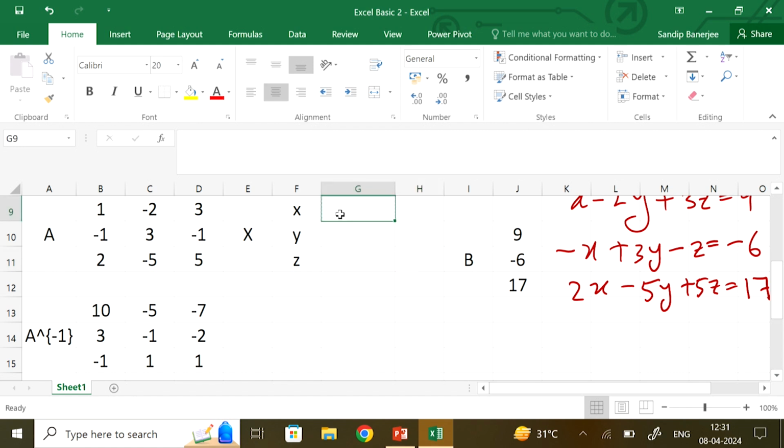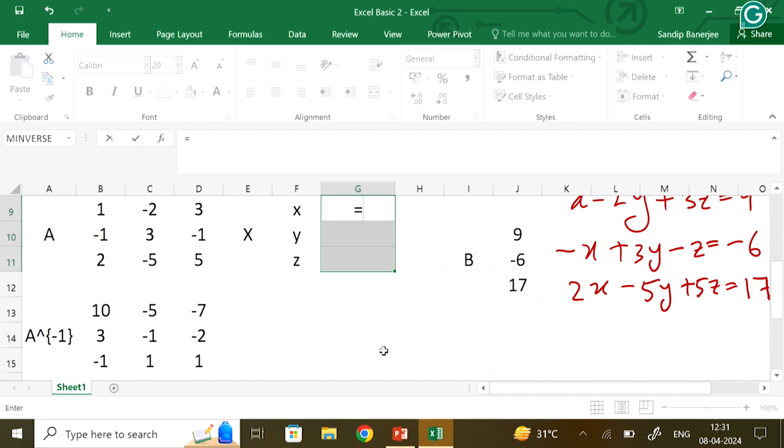So here I highlight the cell, I put an equality, then matrix multiplication, MM, this has already come. Then I have to choose A inverse.